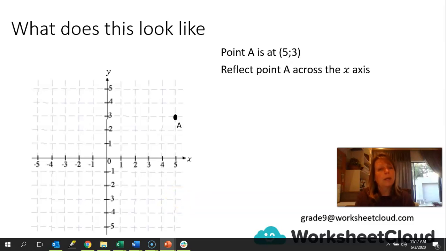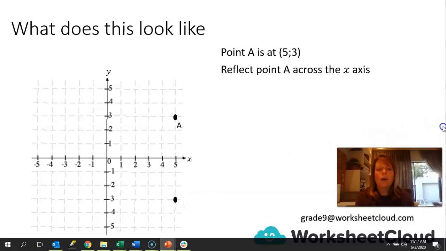Remember in the beginning when I said that when you look at yourself in the mirror, that is a reflection. This is almost like putting a mirror up along the x-axis and seeing what it will look like. If we put a mirror up, where is this going to end up? It's still going to be 5. The x value will still be 5, but now the y value will be -3.